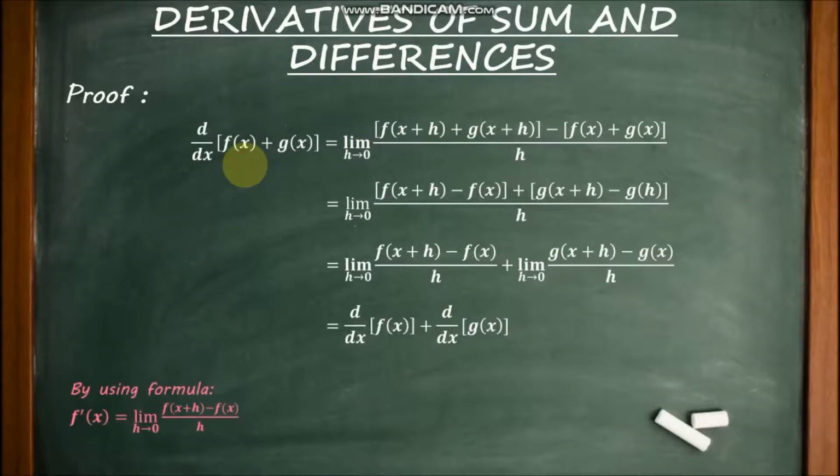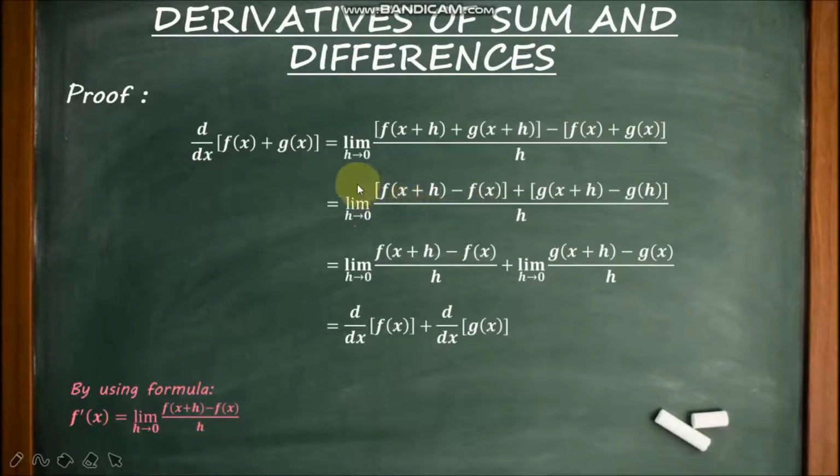Okay, use this formula: f(x plus h) plus g(x plus h), then minus f(x) plus g(x), then we divide by h. This part refers to f(x plus h), while this part will refer to this part.